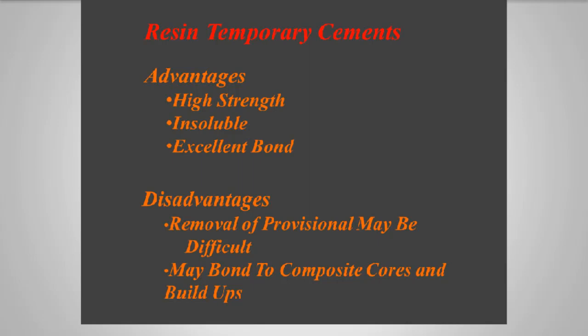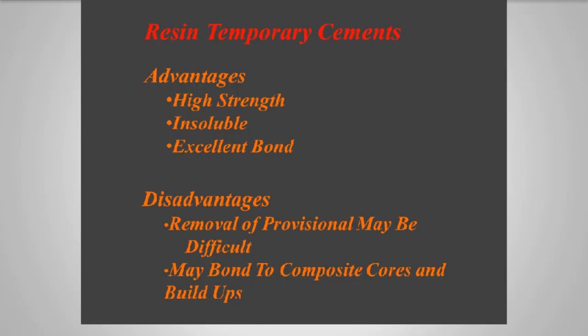This also did create a disadvantage in making the provisionals a little bit more difficult to remove, and when dealing with composite cores and buildups in some crown and bridge situations, you could end up having the temporaries chemically bond to the resin core in the teeth and then pull out the resin cores when removing the temporaries. So obvious disadvantages for those types of cements.